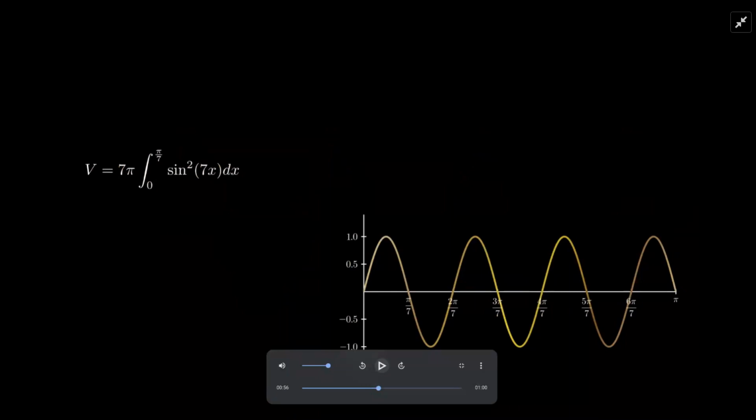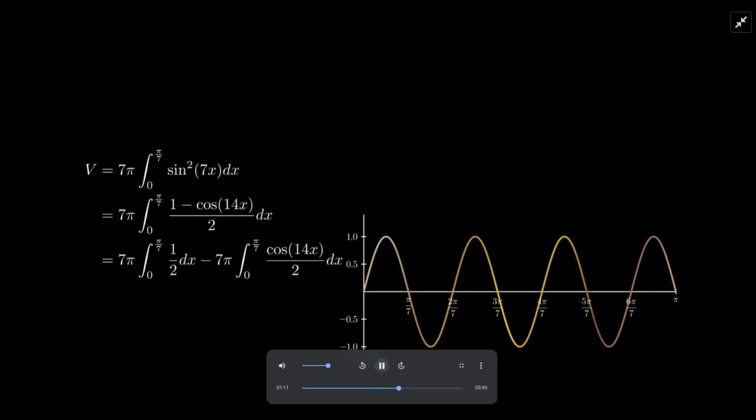I'm just basically providing the answer, but you should do this on your own, verify that I've got it right, and the key here is to rewrite the sine squared 7x in terms of cosine 2x. Okay, so we double the 7x to 14x basically. Okay, and then we're going to split that into 2 pieces, okay? And each one of those pieces now is fairly easy to integrate.